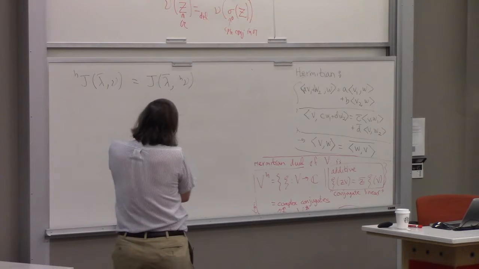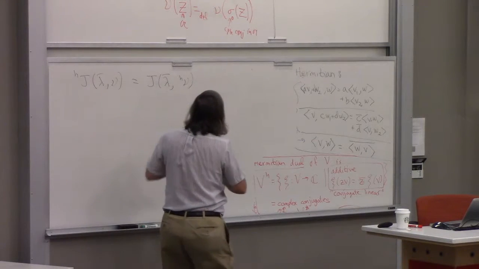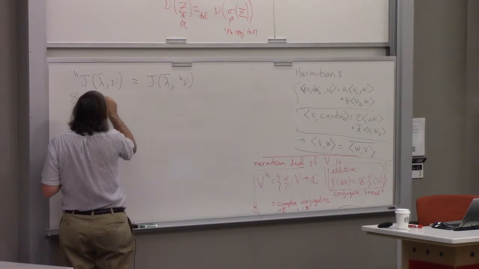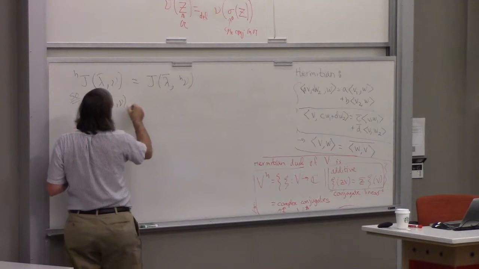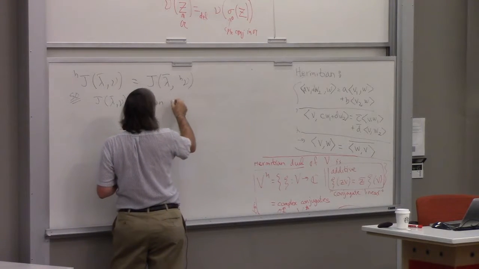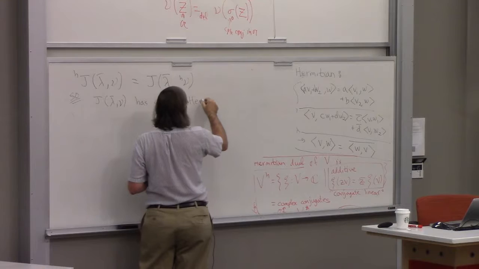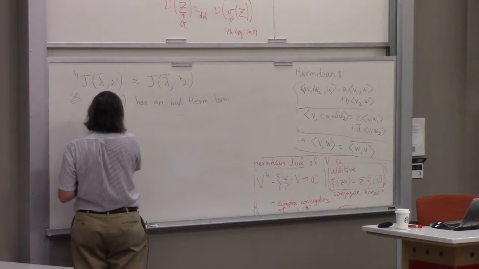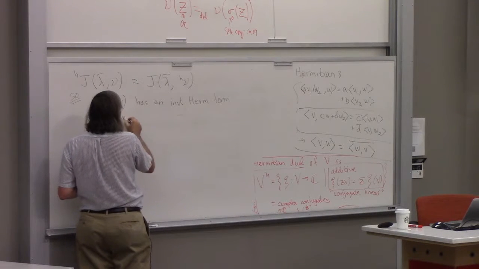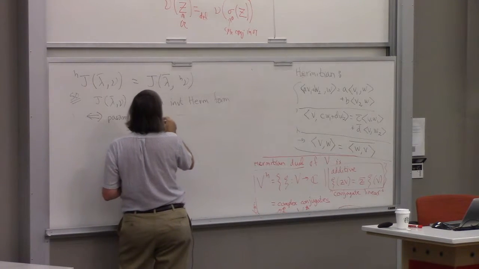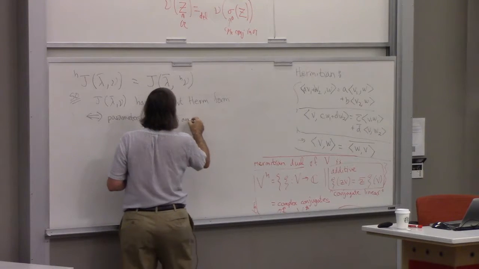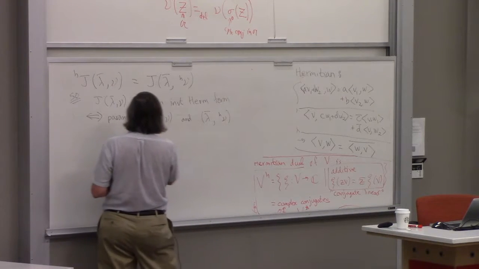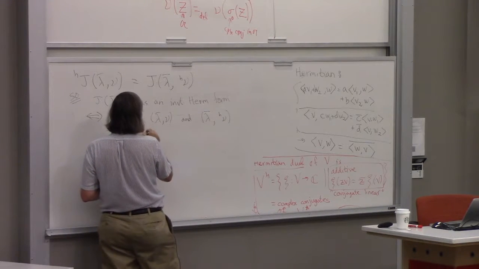And this J of lambda bar nu has an invariant Hermitian form. That's the same thing as saying that these parameters, lambda bar nu and lambda bar h nu, are conjugate.